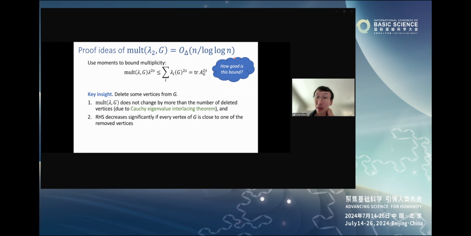I don't have strong evidence to believe that this is anywhere close to the truth. And I'll say a little bit more about what we know from the lower bound side. But earlier in the talk, for the application to equiangular lines, I mentioned somewhere that, for sufficiently large dimensions, we require double exponential in the parameters. And that corresponds to this bottleneck of n over log n.